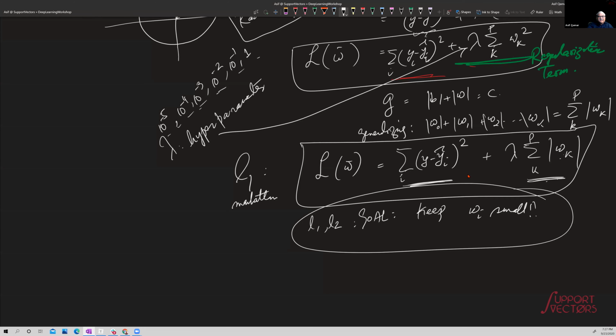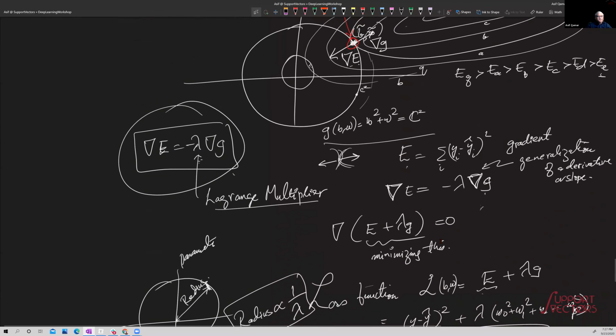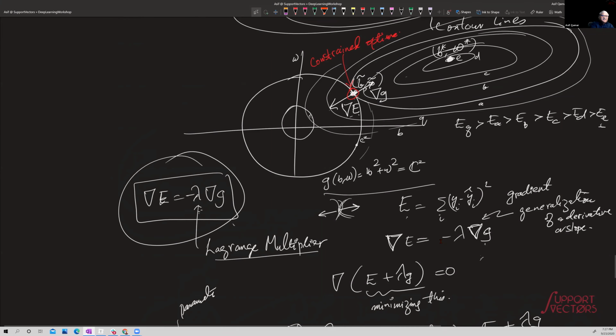So if you want to minimize this, you would like to keep your weights low. If lambda is big and weights are very small so that the product is reasonable, then if you make the weights too small, the error surface will meet at a point that has too high a sum squared loss.